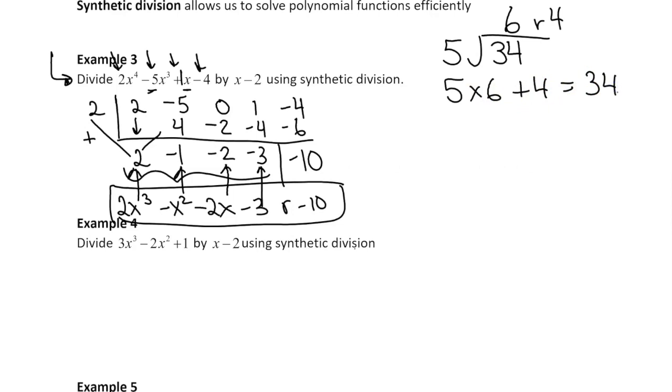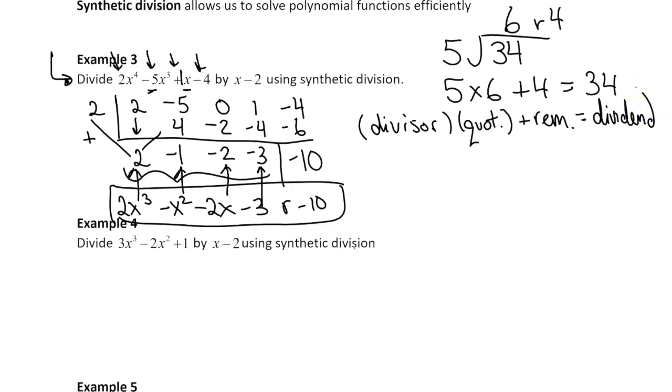And another way of saying that then is saying, well, 5 represented the divisor. So you could now say, well, I know that my divisor times my quotient plus the remainder is going to equal the dividend. And that's something that we can now start to use more and more.